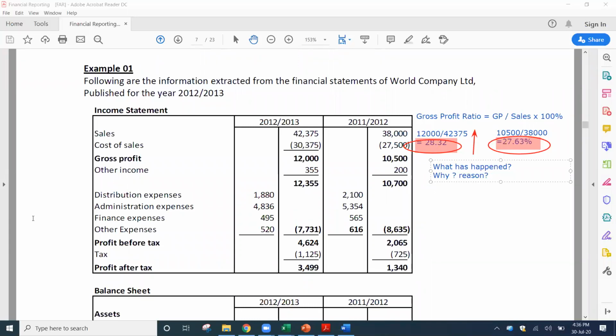Yeah. Okay, so first we will understand how does ratio increase or decrease. Now here, for an increase in the gross profit margin, gross profit we have on the top and the denominator we have sales.